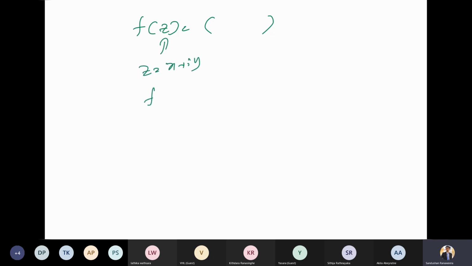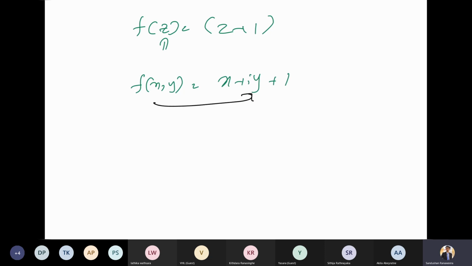You can think of it as f(x,y), where your function value is something like, let's say, f(z) equals z plus 1, and then you can simply write this as f(x,y) equals x plus iy plus 1. Then this becomes a bivariable function. Now your arguments are real numbers, but your function value itself is a complex number. So you can always see your complex functions as multivariable functions which have complex values as function values.